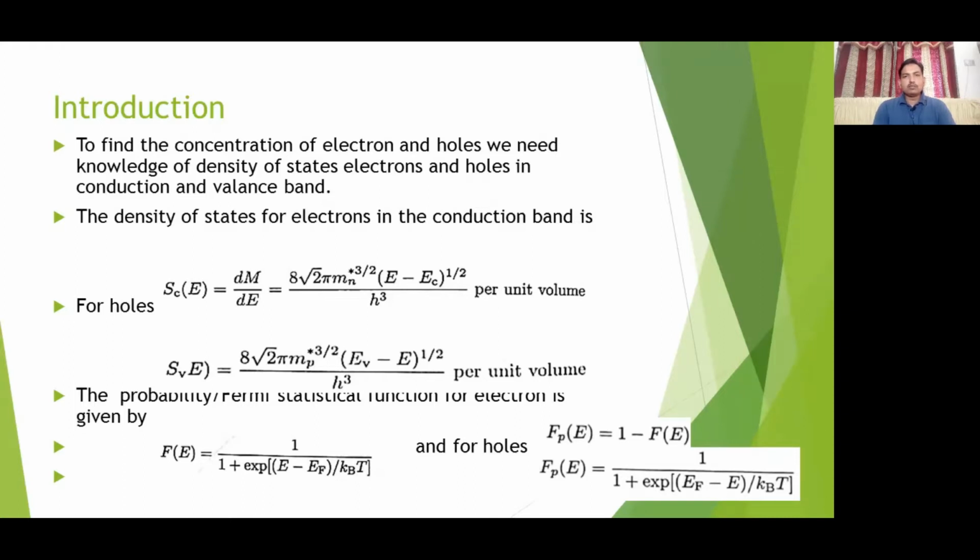We have a relationship for the density of states of the electrons existing in the conduction band. This is the relationship per unit volume, which depends upon the square root of E minus EC. And this is the relationship for the density of states of the holes.